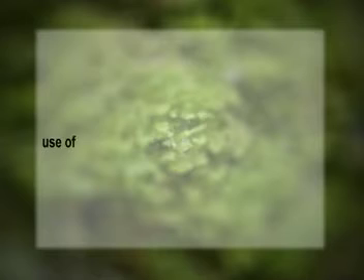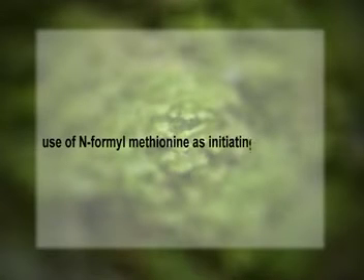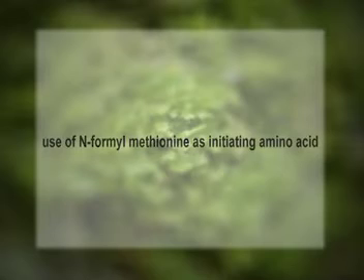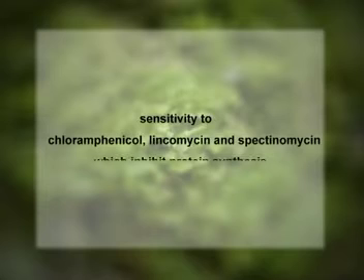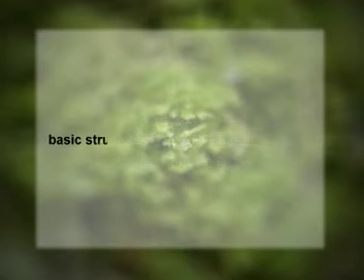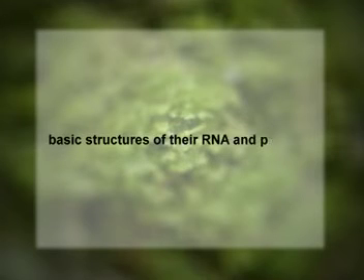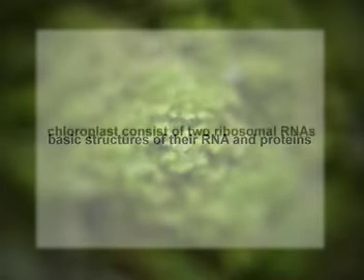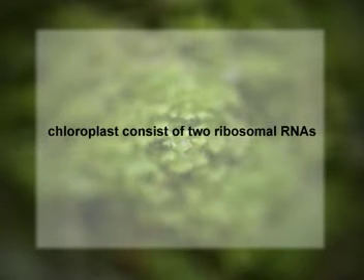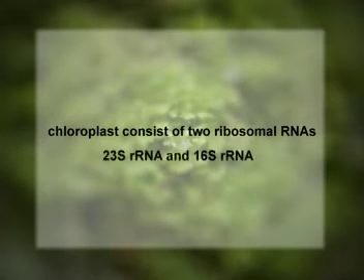The chloroplast ribosomes resemble those in prokaryotes in features like use of N-formyl methionine as initiating amino acid, sensitivity to chloramphenicol, lincomycin and spectinomycin, which inhibit protein synthesis, and basic structures of their RNA and proteins. The ribosomes of the chloroplast consist of two ribosomal RNAs, that is 23S rRNA and 16S rRNA.